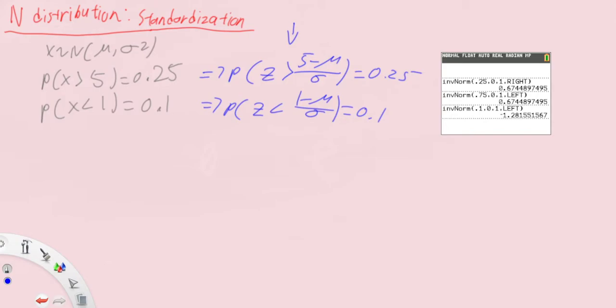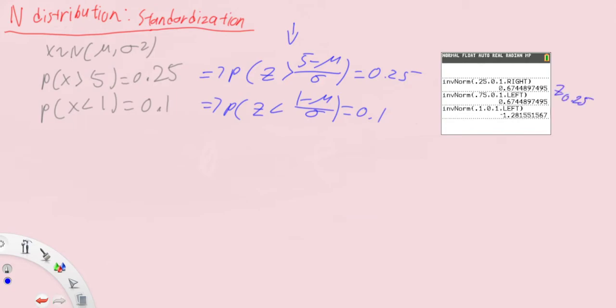For those using the older GC, the one without the option to choose left, right, center, personally the better way is to key in 0.75 instead, because for the older GCs you are calculating the area from the left side. You don't have the privilege of using the right, left, center. Personally, I don't like to use right, left, center because it's kind of a hassle. Either one of these works, and you notice that this would give you the value of z 0.25.